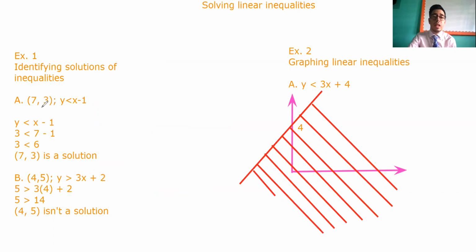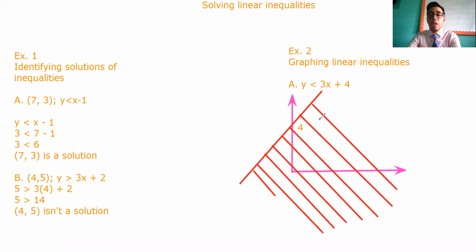For example, in this case, it's less than. So you need to have that the value for y, that is 3, has to be less than the value you have for x minus 1. So you prove it in this case, and you obtain that the statement is true. The same you have in this. This is the one that you have the question about, okay? I think.